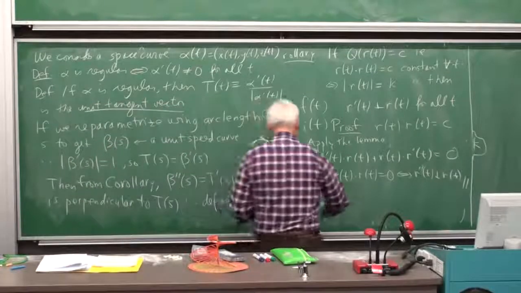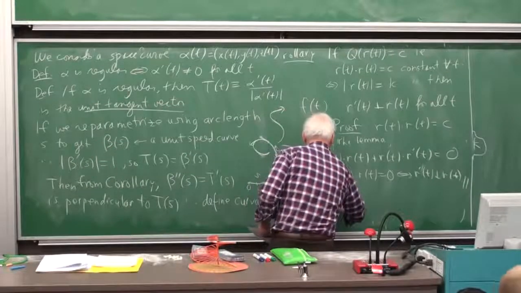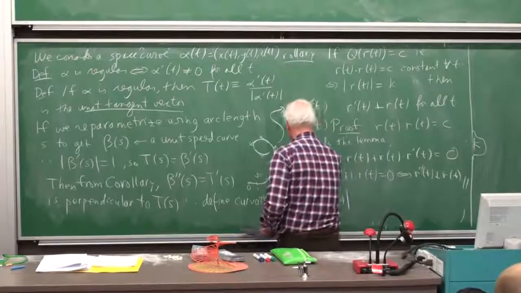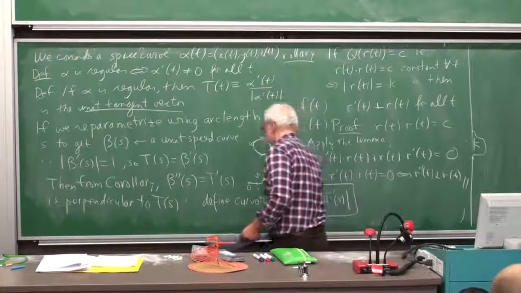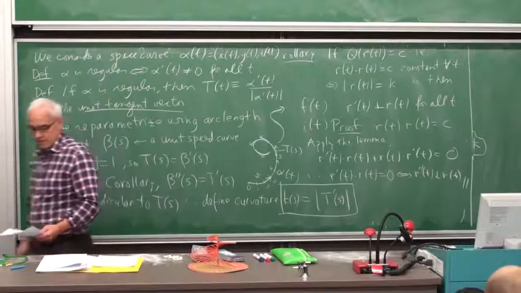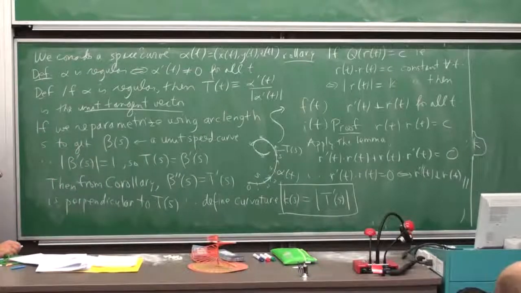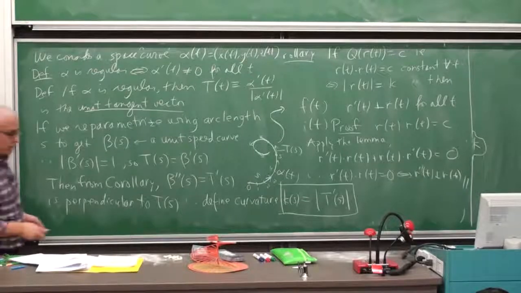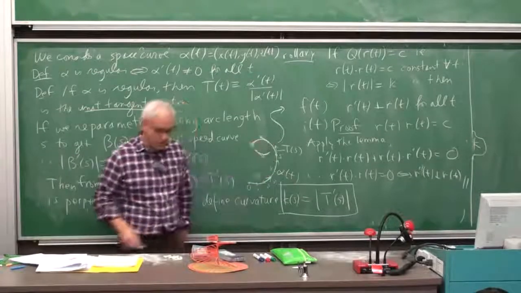So K of S is the length of T prime of S. So in the case of a circle of radius A, that was 1 over A. That was really the curvature. And this allows us to define this more generally.